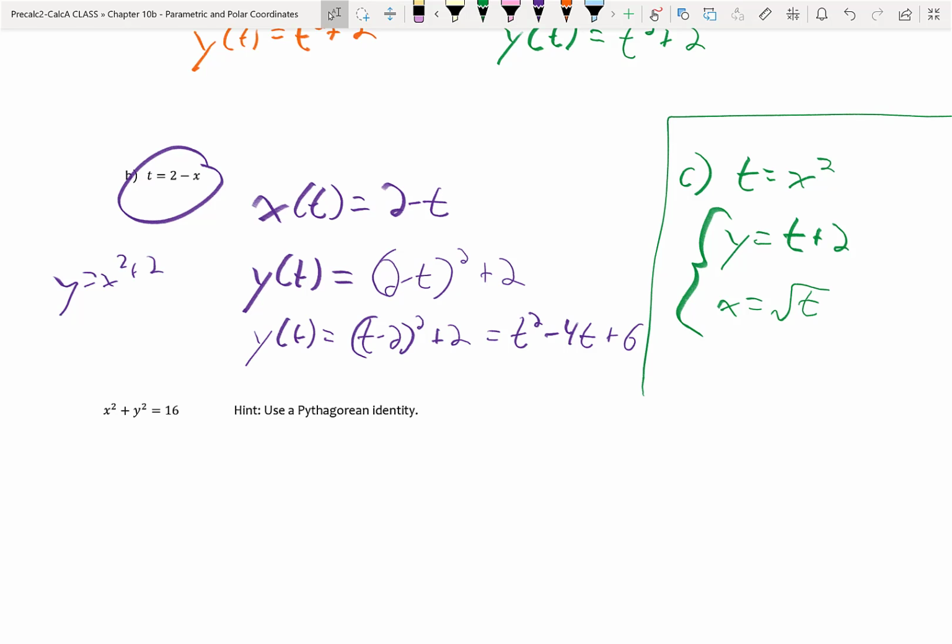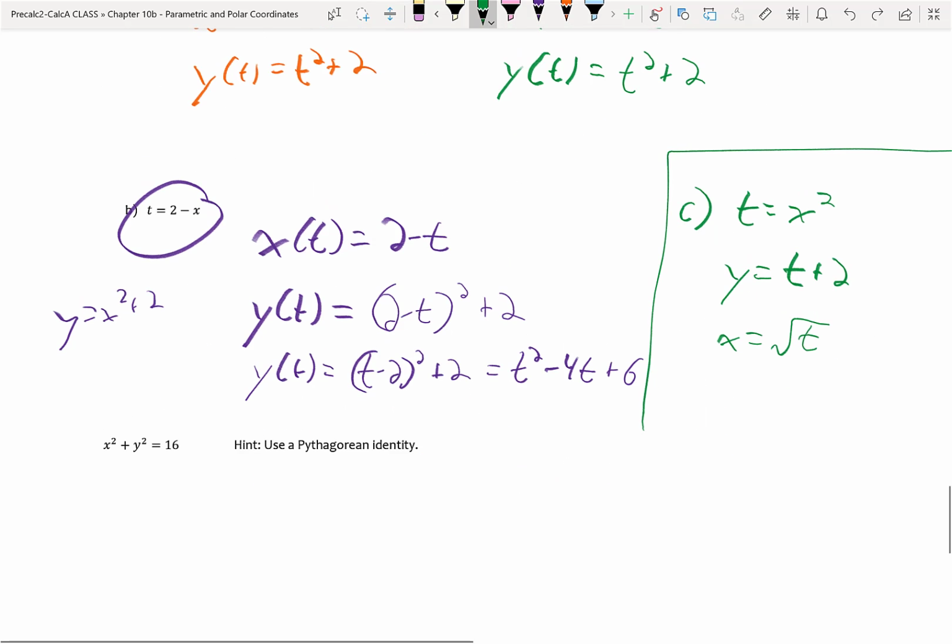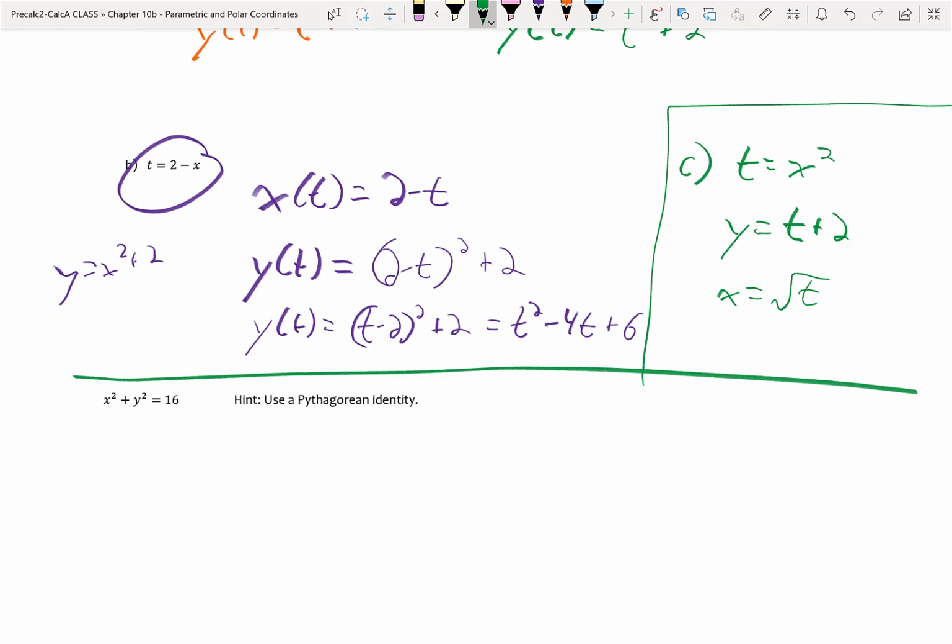Okay, last example. Converting them into parametric equations. The hint here is to use a Pythagorean identity. What identity do you think that is? X squared what?